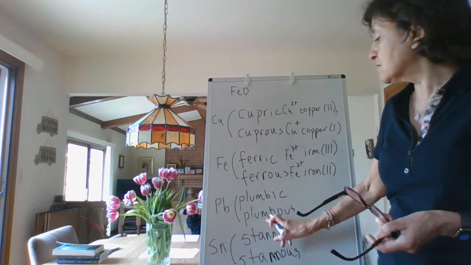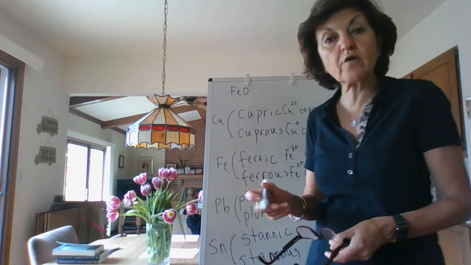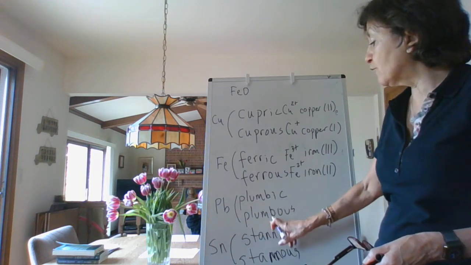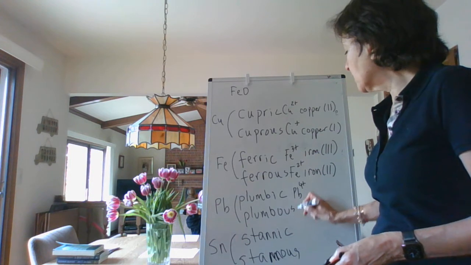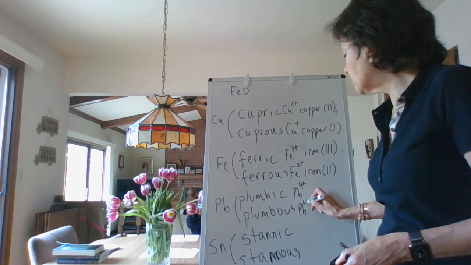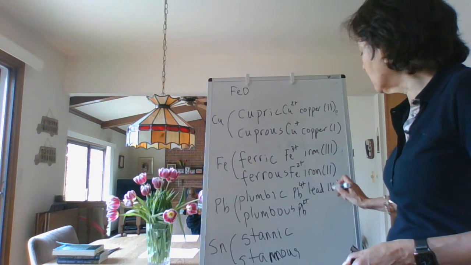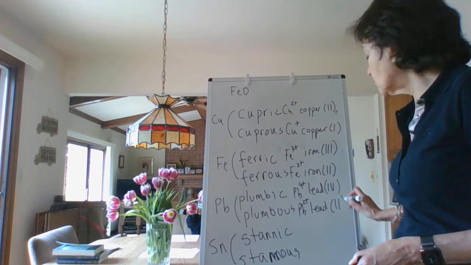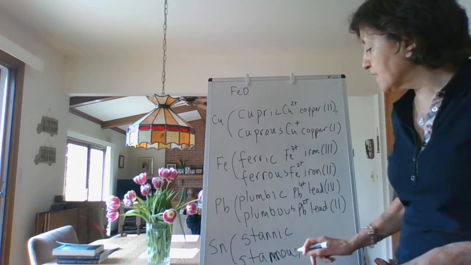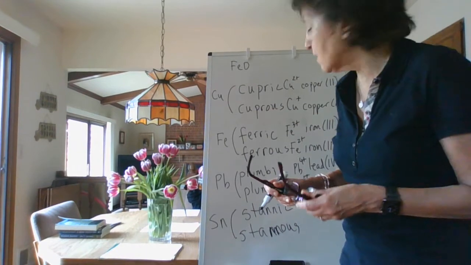Plumbic, plumbous. Well, we know that lead exists as +2 and +4. So this one is the +4. This is the +2. So Pb4+, Pb2+. This would be lead, Roman numeral 4. And this is lead, Roman numeral 2. And then finally, stannic and stannous. This is your tin.